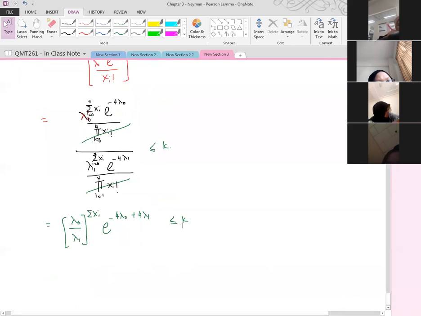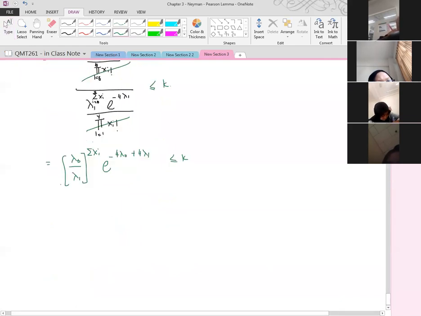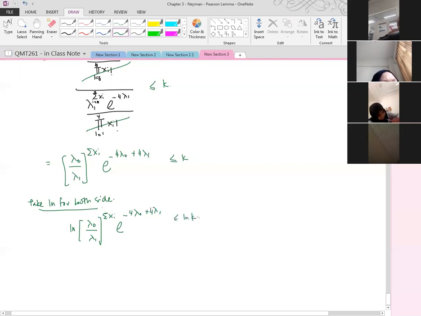Since we have exponential on the left hand side, we take ln for both sides. So ln of lambda naught divided by lambda 1 to the power of summation of xi, exponential negative 4 lambda naught plus 4 lambda 1, less than or equal to ln k.